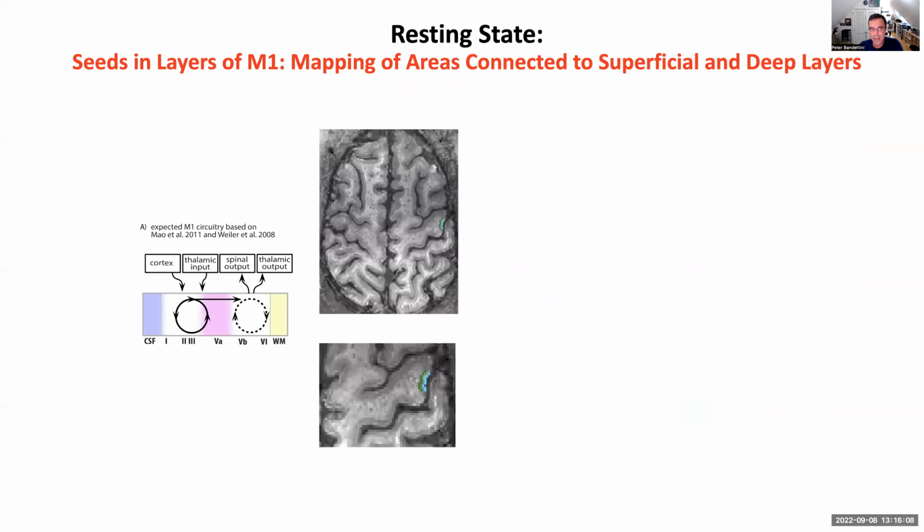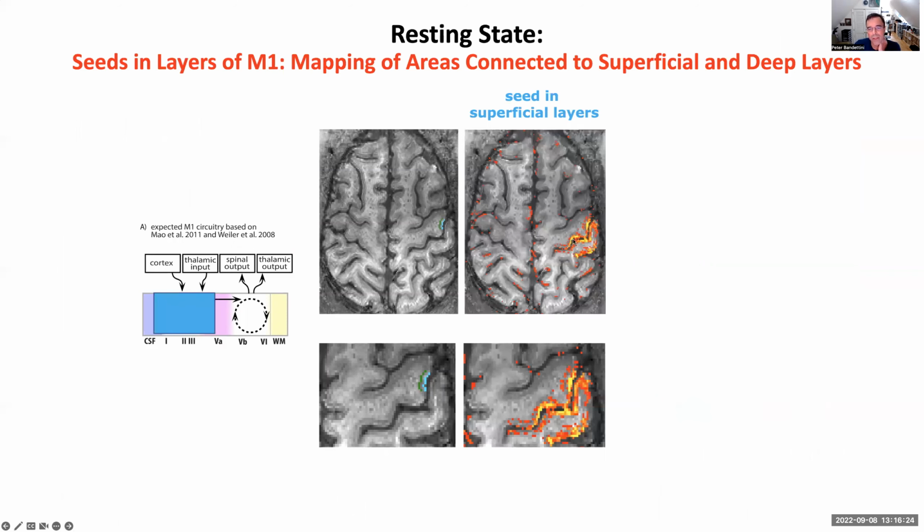We also can look at resting state. This is once again sort of a proof of concept study where we took that same data and used seed voxel approaches. We looked at the upper and lower layers with the seeds, and we saw what was correlated. If you look at seeds in superficial layers, this light blue, you see many more areas of activation in the sensory cortex, which is as expected.